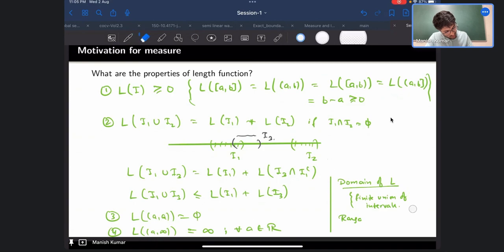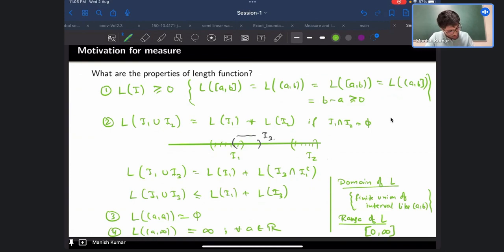Let us take a particular type of interval, I am taking just open (a, b) for simplicity; you can choose any of these sorts of intervals. I am taking the collection of unions of such intervals, and the range of L will obviously be greater than or equal to 0. It will start with 0, and it can take infinity as well, so it should be of this sort, right?